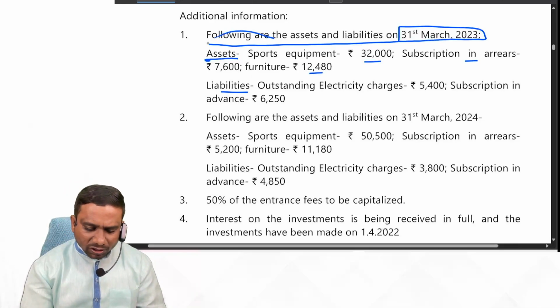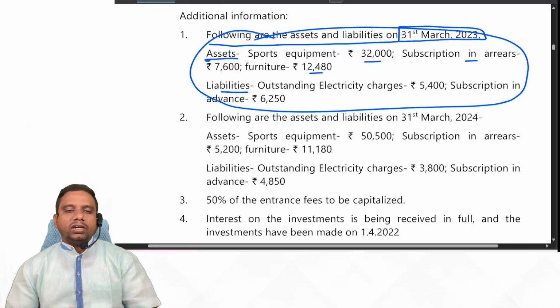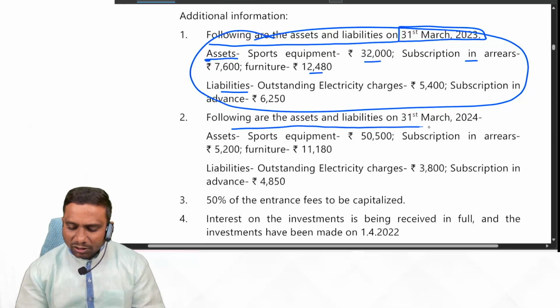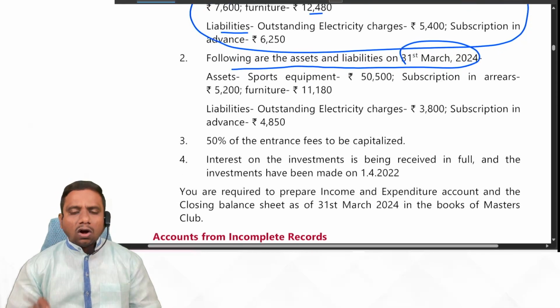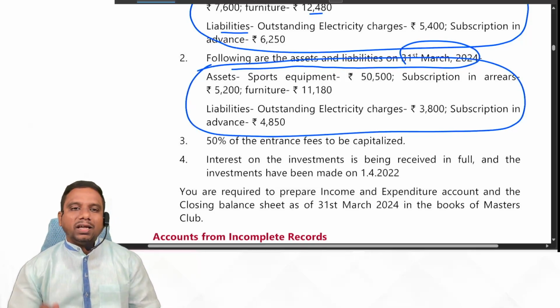Whatever the information you have on 31st March 2023, with this you can prepare opening balance sheet. Next, following are the assets and liabilities on 31st March 2024. On this date, whatever the assets and liabilities we have, with that you prepare closing balance sheet.